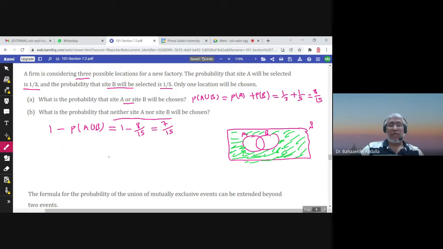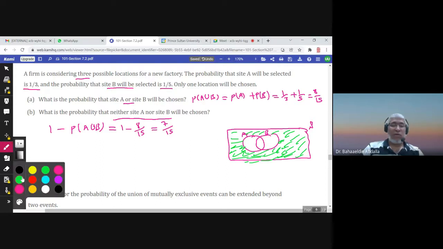You can say that neither nor is the complement of the union. Okay, so let me write it. It is P of A union B complement. So it's the complement of the union.